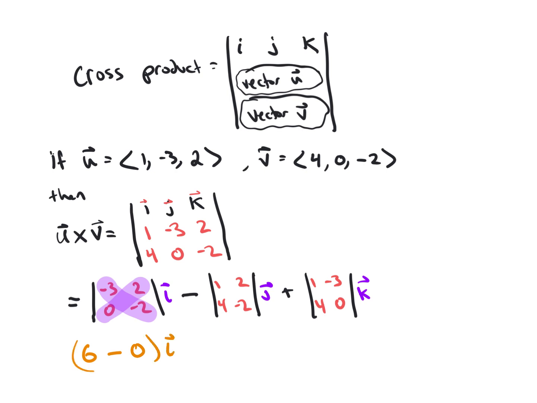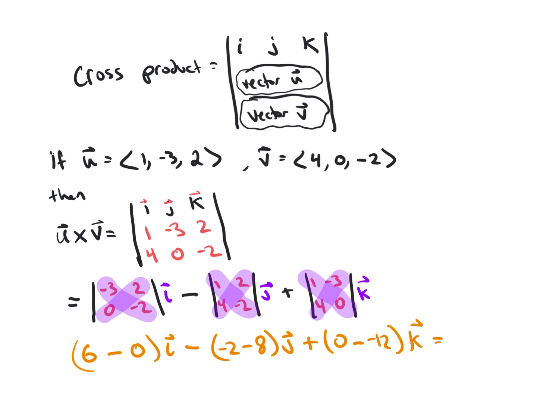That's times i hat, minus, and so now it's -2 times 1 is -2, minus 4 times 2 is 8, j hat, plus 1 times 0 is 0, 4 times -3 is negative 12, so it would be 0 minus negative 12, k hat.